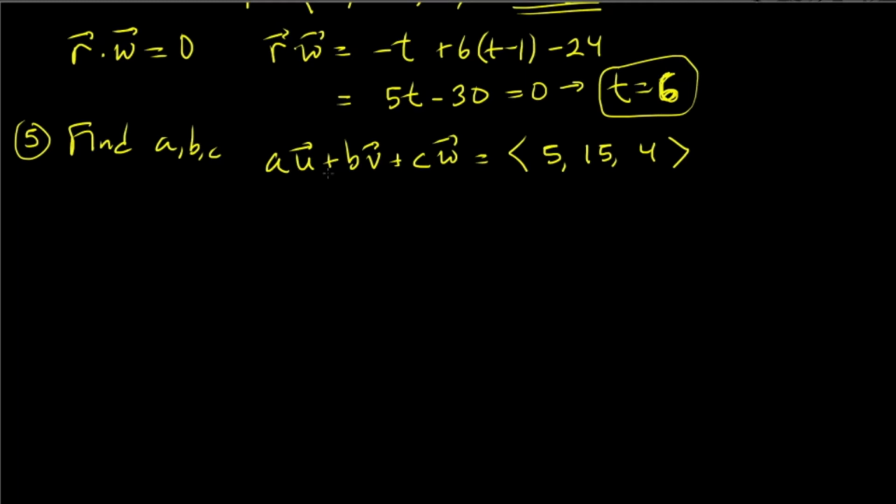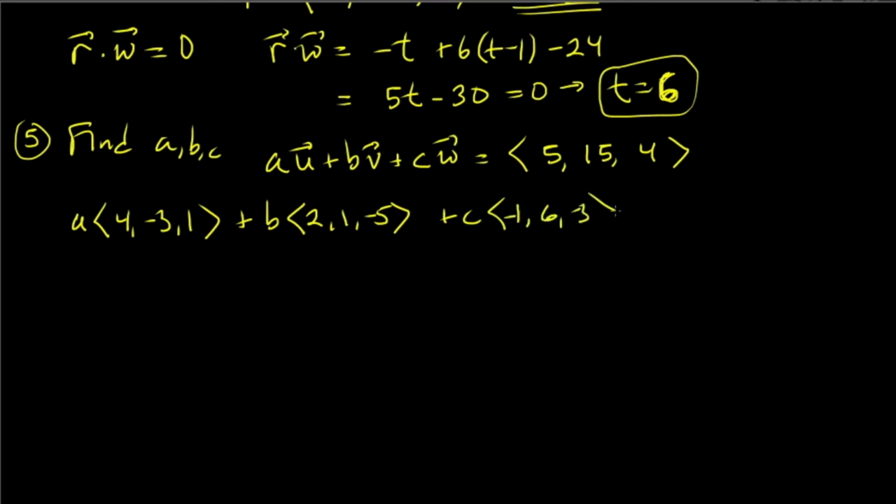Remember what u was: the vector with components 4, negative 3, 1, plus b times the vector v, 2, 1, negative 5, plus c times the vector w, once again, negative 1, 6, negative 3, and that has to equal the vector 5, 15, 4. And these are just scalar multiples.